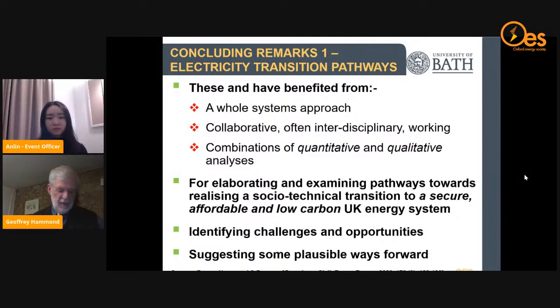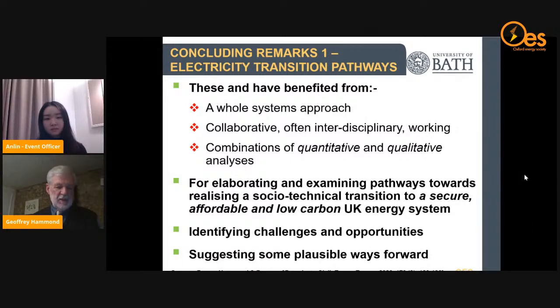Okay, so I have two concluding slides, which are just about bring me up on time, I think. If we look at these transition pathways, the first thing we can say is that these have benefited by what some people call a whole systems approach. So we haven't just looked at the power stations themselves. We've looked at what happens upstream and what happens downstream of the power system. So we look at the whole systems approach. The project overall was collaborative.